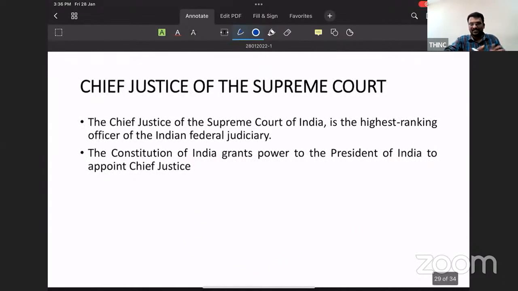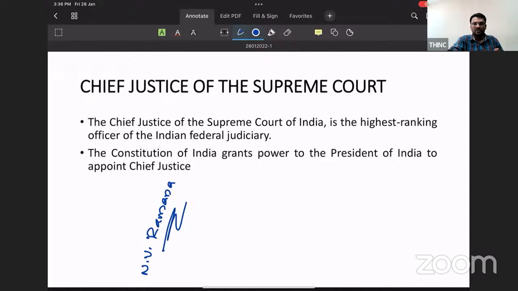So the next one, we just come to the Supreme Court, Chief Justice of the Supreme Court. The current one is N.V. Ramana as of now. Okay, and the Chief Justice of India is N.V. Ramana now. So he is the highest ranking officer in the Indian federal judiciary. And the Constitution of India grants power to the President of India to appoint the Chief Justice.